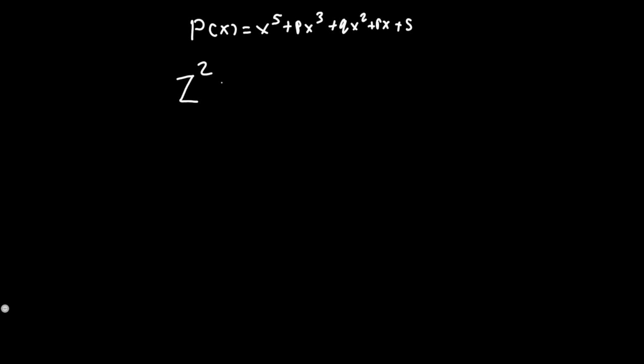And it is going to be Z squared minus 1024 Z delta, right?